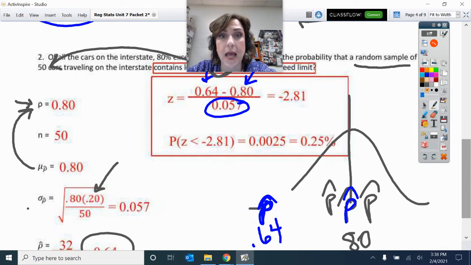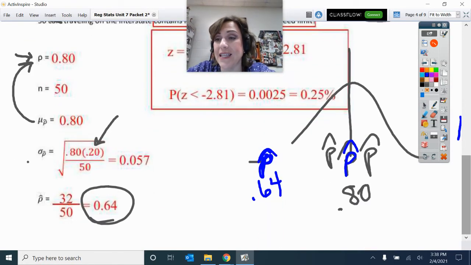Wow, that's unusual. Here's what that's saying, besides what the question is asking: a p hat all the way down here tells me, whoa, I'm not so sure I would have gotten this sample if this is correct, because that was really unusual.